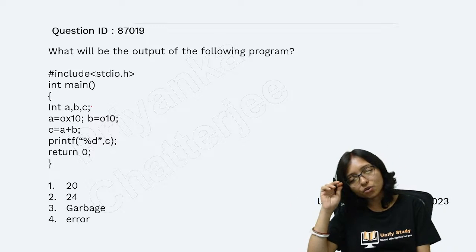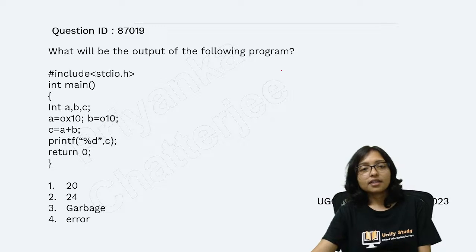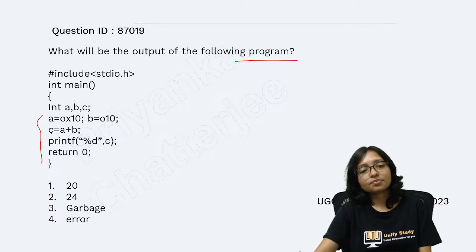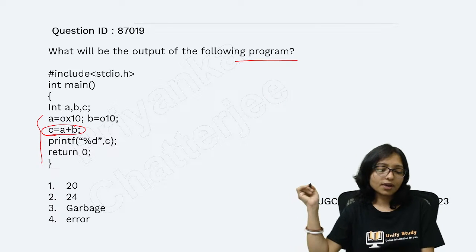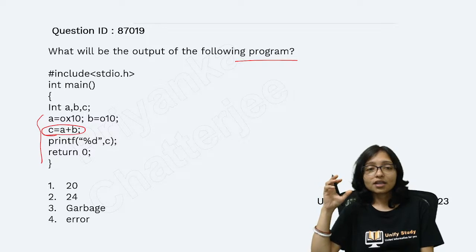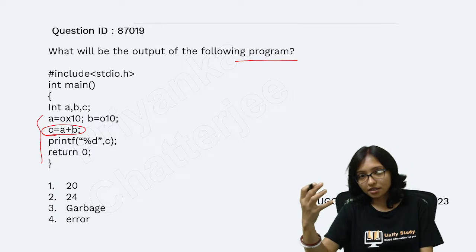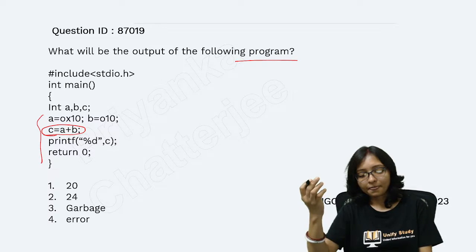Everyone try to think, try to answer what is going on here. In this program, you are simply doing addition. After doing addition, what will be the answer? That is the question. Now also you are getting scared to answer. That's why you are not answering.